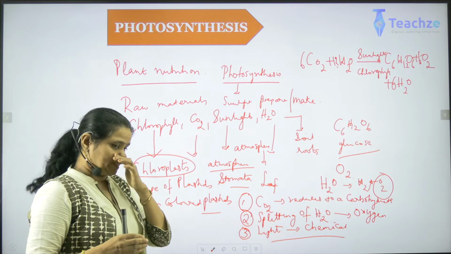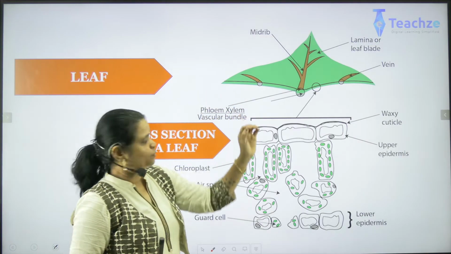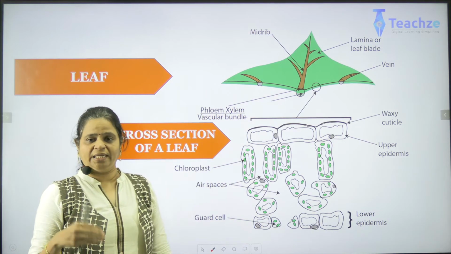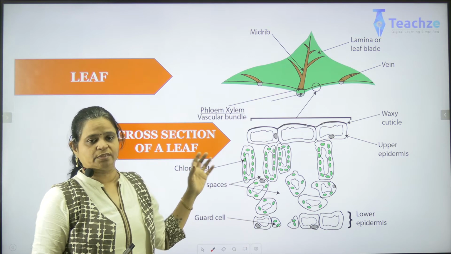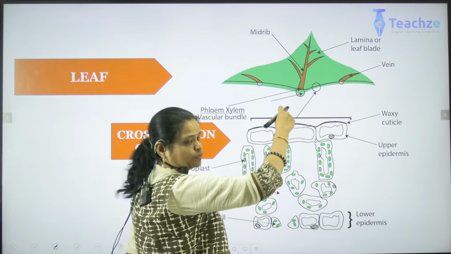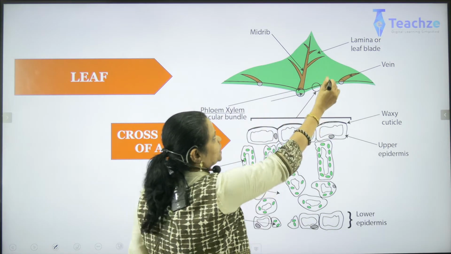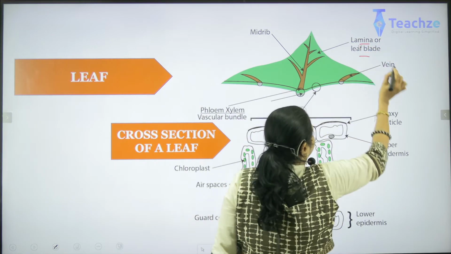Now, since we have understood this, let's understand the different areas of the leaf where photosynthesis is done. This is the structure of a leaf on your slide. You all know how leaves look, and leaves have the lamina or the leaf blade.